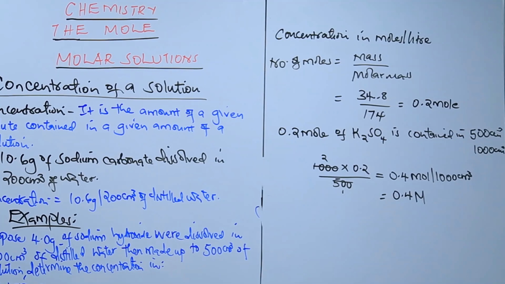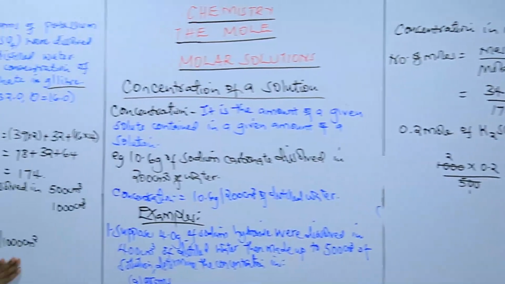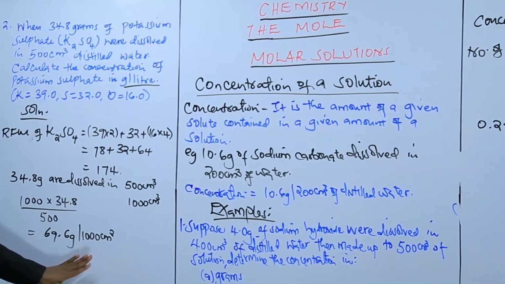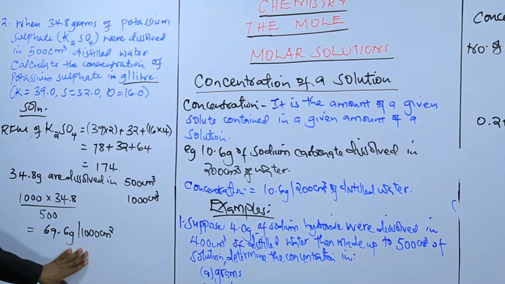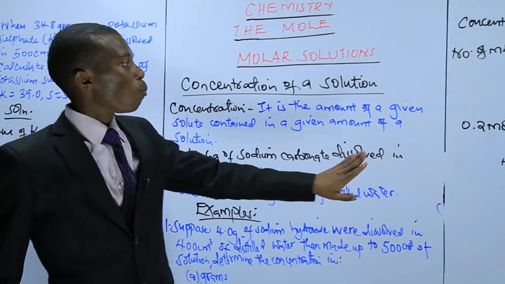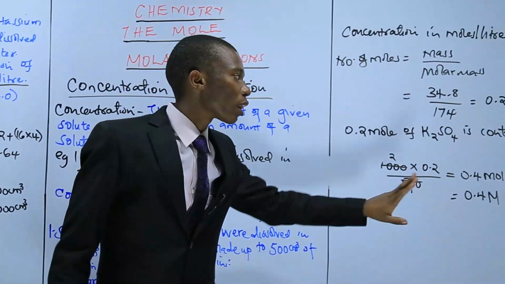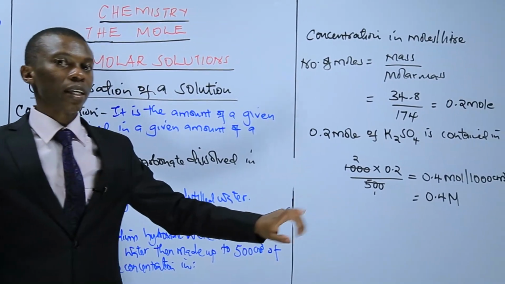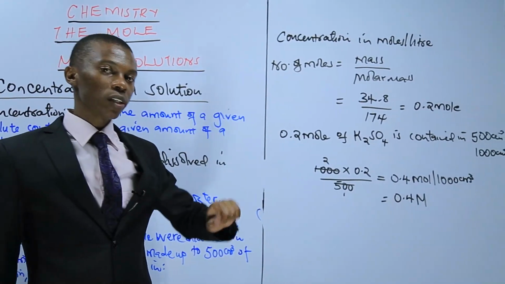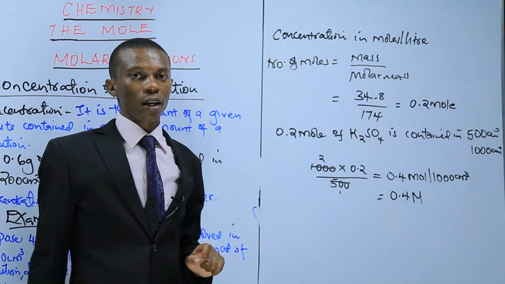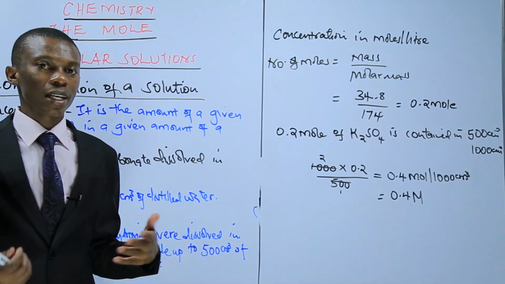So 69.6 grams per 1,000 centimeters cubed is the concentration in grams per liter, while 0.4 mole per 1,000 centimeters cubed is the concentration in moles per liter. I hope you now get the difference between the two.